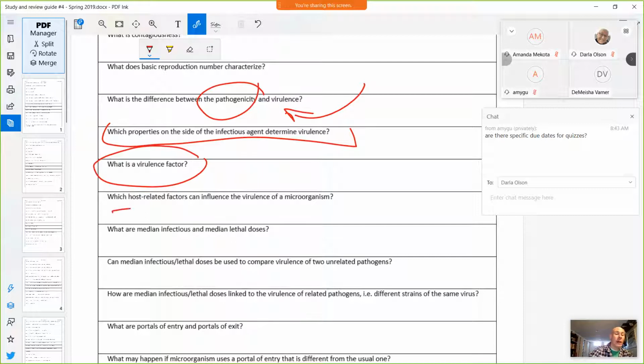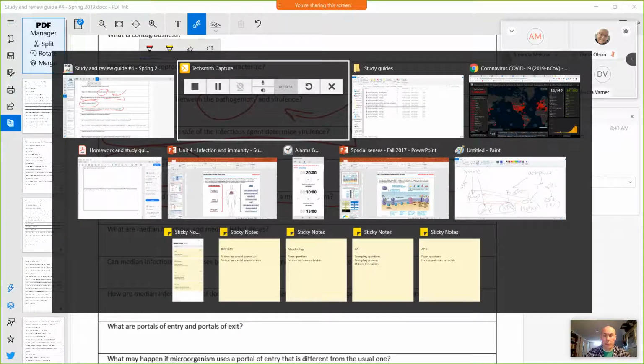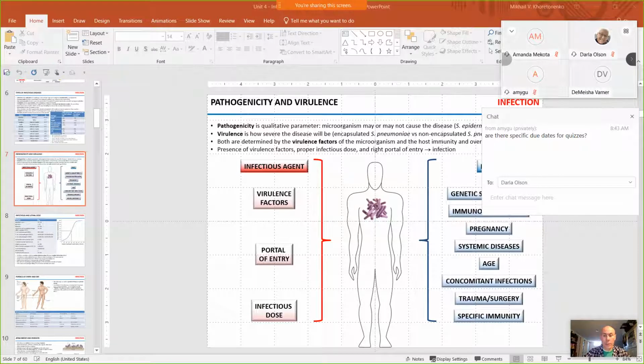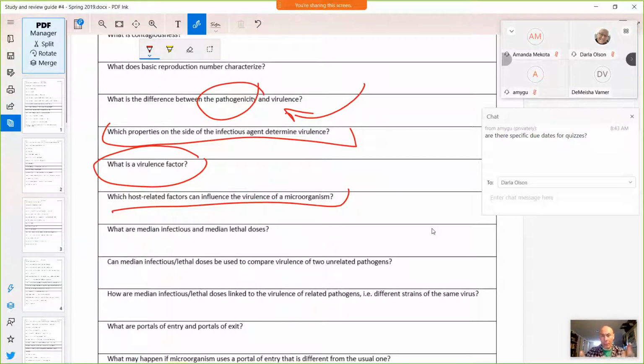Now, host-related factors. I have a whole slew of them lined up in the PowerPoint. So right here, you see on the right. But these are pretty obvious, like things like age. So we now see that people who are older are more prone to the infection, or immunosuppression, or presence or absence of underlying conditions.